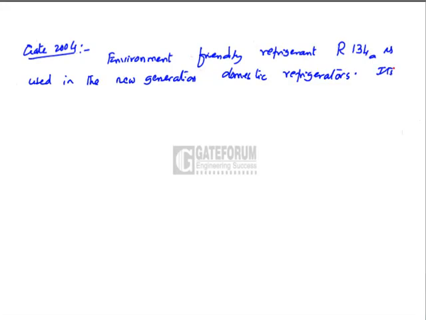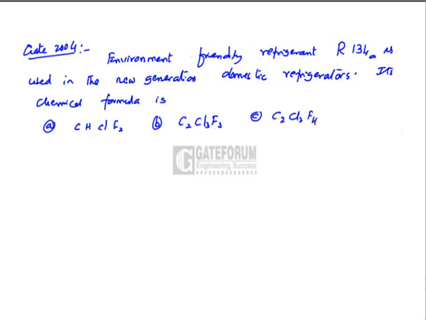Its chemical formula is: A CHClF2, B C2Cl3F3, C C2Cl2F4, D C2H2F4. Based on the code, that is R134A, the solution is like this.